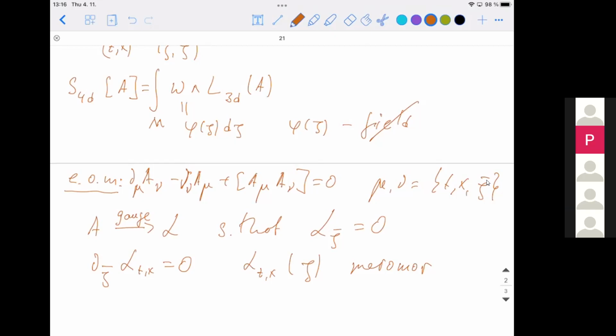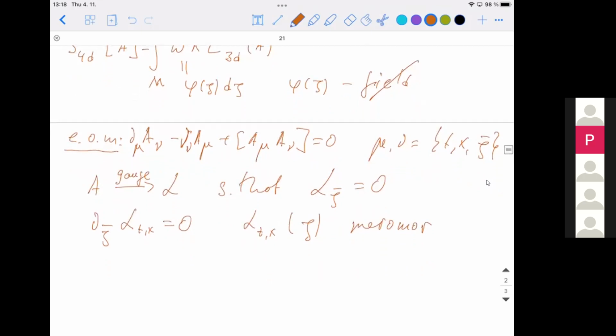And then now we would just... What does this mean, a gauge L? We will do some parametrization of the A such that, by a gauge transformation, the lambda in this A zeta bar disappears.